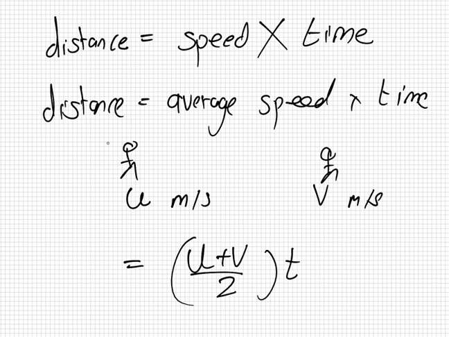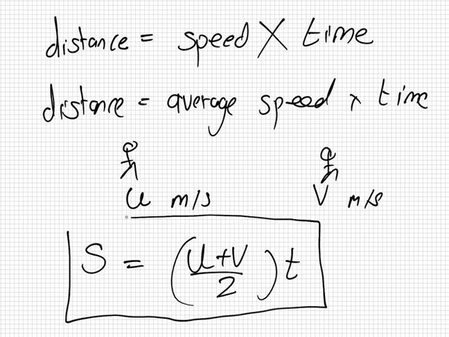And what letter did we use for distance? S. So this is our first formula. I call it formula 0. The distance travelled, S, is (U plus V) over 2 multiplied by time. So if you know the U and you know the V and you know the time, I can tell you the distance travelled. The first formula.